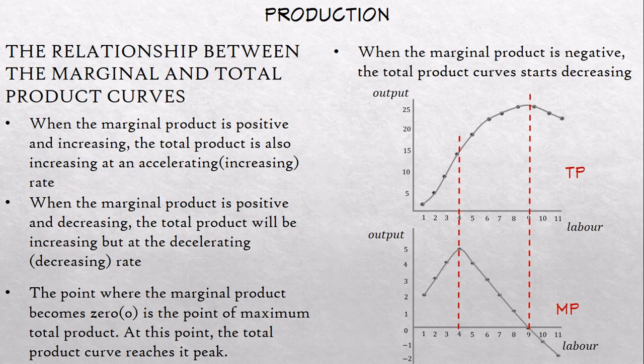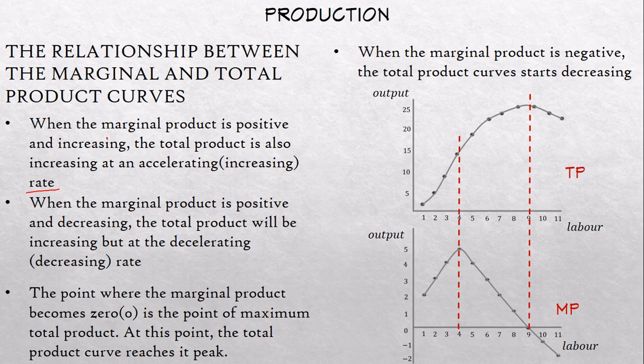Now let us take a look at the relation between the marginal product and the total product curves. So first, when the marginal product is positive and increasing, the total product curve is also increasing at an increasing rate.